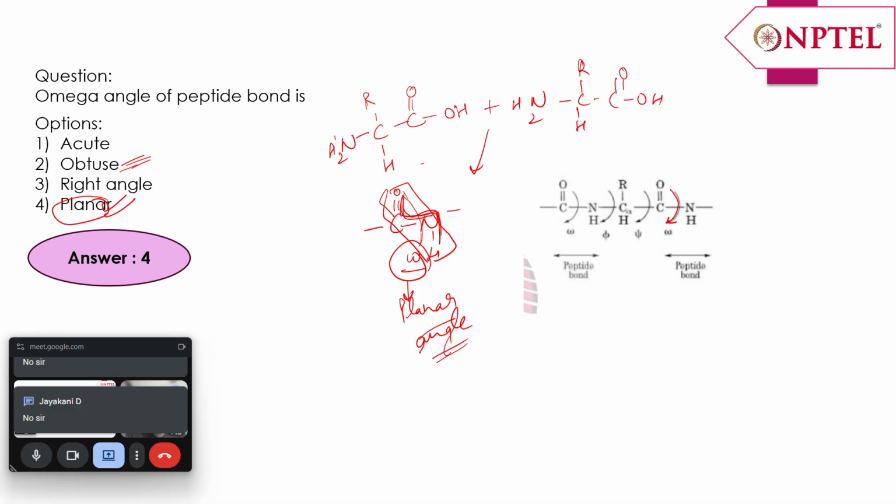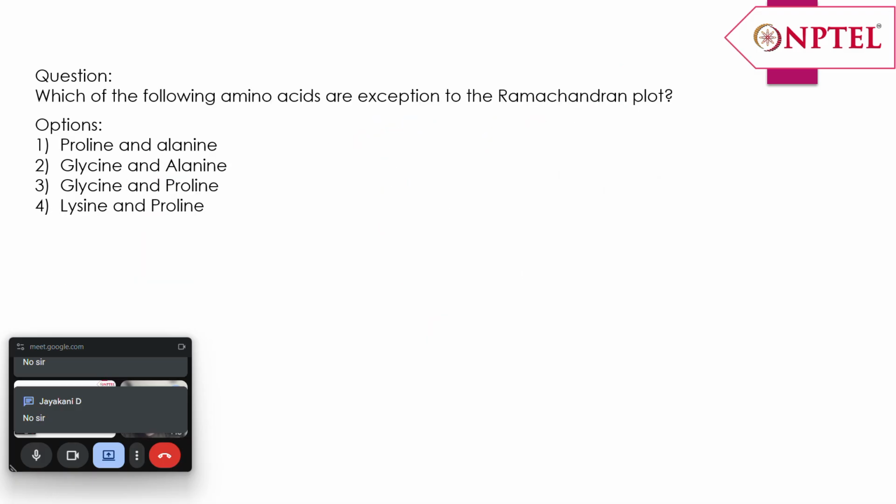Okay, so let's move on to the next question. Which of the following amino acids are exceptions to the Ramachandran plot? So what can be the correct answer? 2, 3, 4.